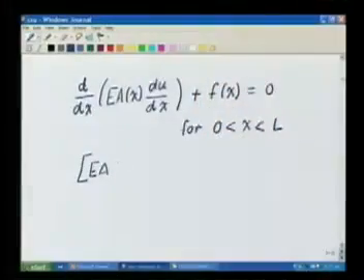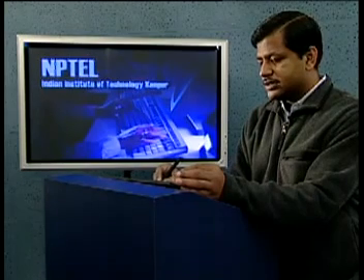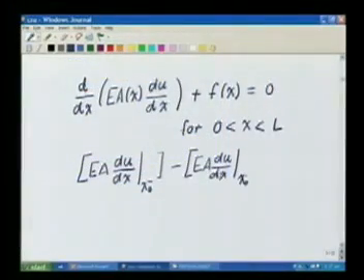So EA du/dx at the point x naught minus, minus EA du/dx at the point x naught plus, is equal to f. This also has to be satisfied.